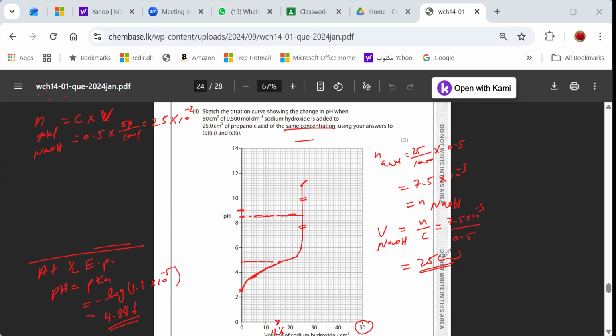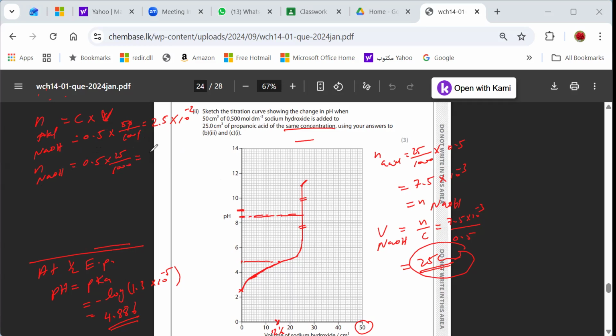And now we need the number of moles of sodium hydroxide at the equivalence point. We can subtract 50 minus 25, but let's do it like this. We take the number of moles, which is 0.5 times 25 over 1,000.